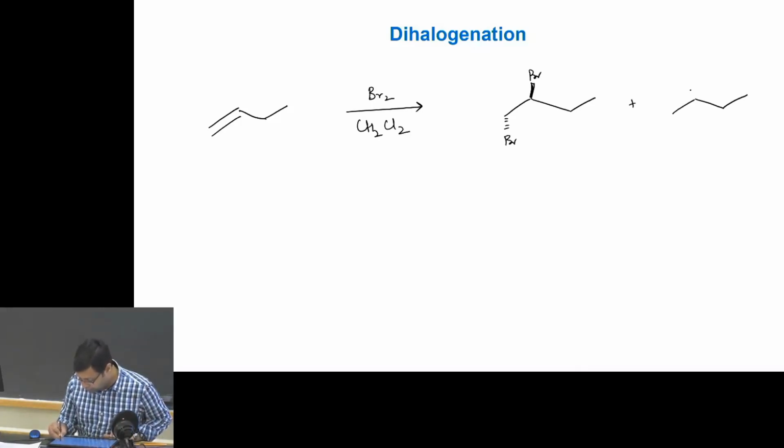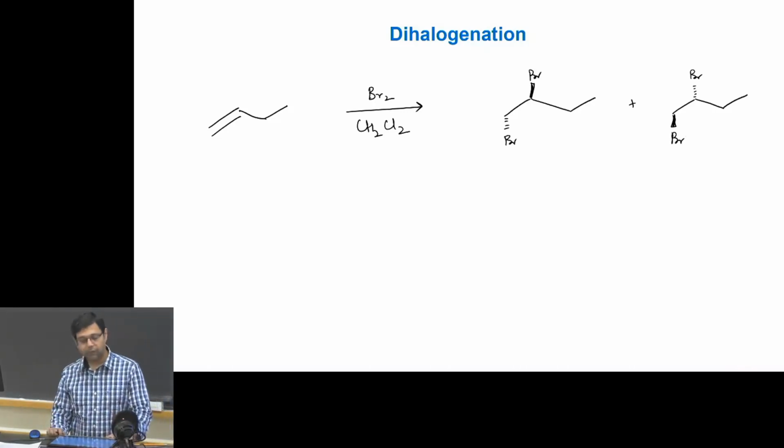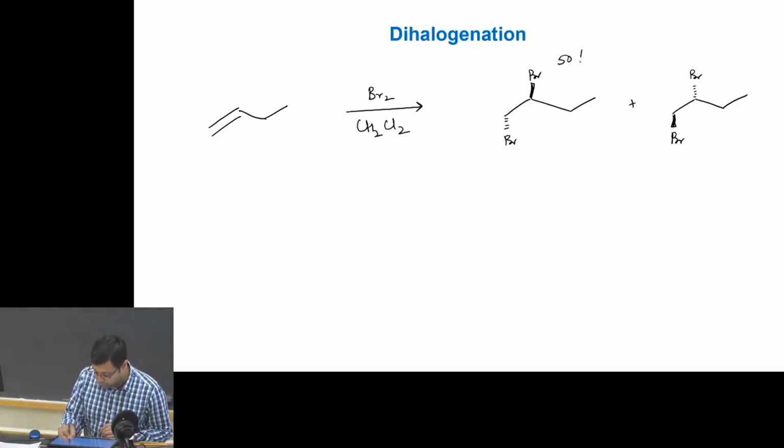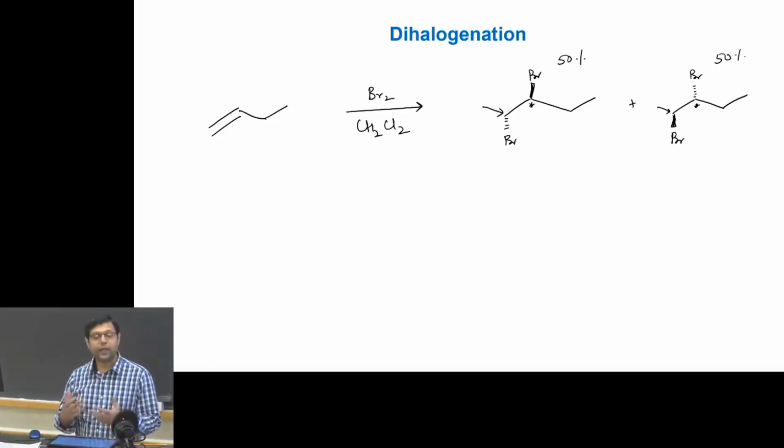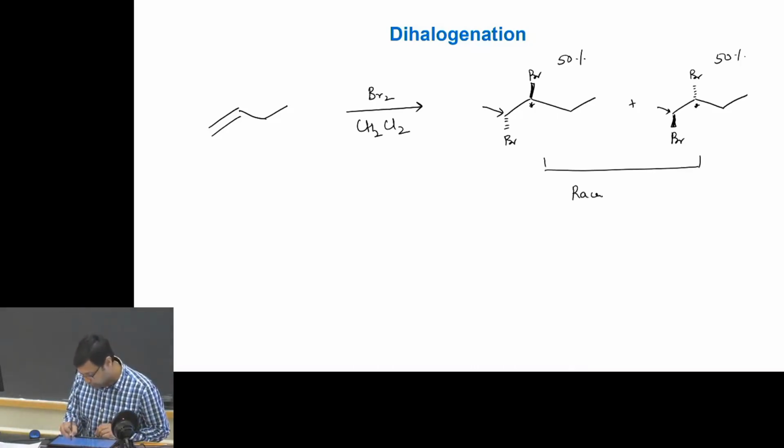You can also form with equal probability Br down here, Br up here. Right. Now you'll form 50% of both these products. The only chiral carbon in both these molecules is this. This is the chiral carbon. This is a CH2. Okay, it's not chiral. All right. So you'll form 50% each of both the enantiomers, which means you'll end up with a racemic mixture.